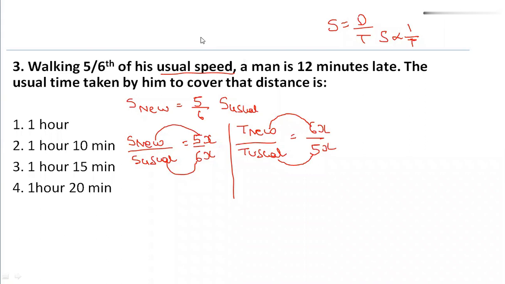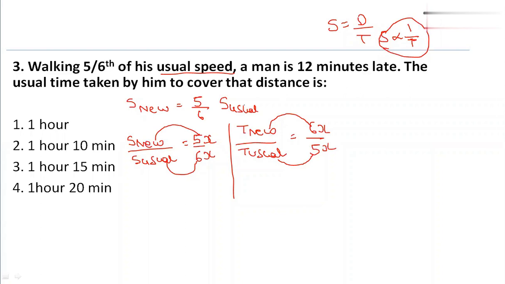Because he decreased 1 part of his speed out of 6 and went with only 5 parts of his speed. That is the reason he has taken 1 part of time more to complete the distance. So that is the reason we have written new speed to usual speed is 5 by 6. Then new time to usual time is 6 by 5, as they are inversely proportional.